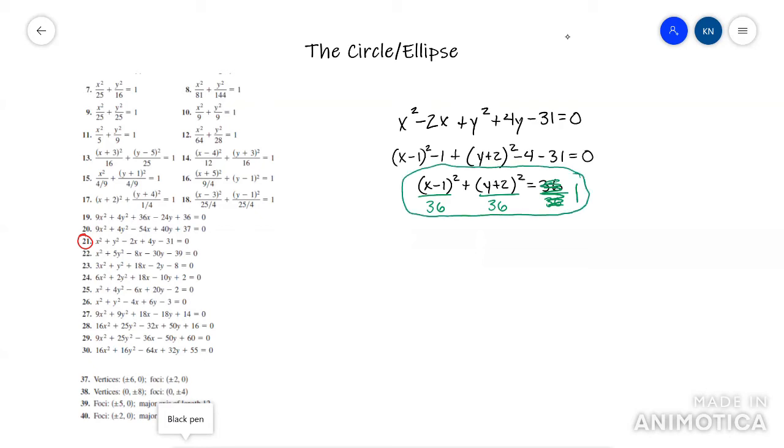Now I realize that I'm dealing with a circle because they're both over 36. The center of the circle is not at 0, 0. The center of the circle is at positive 1, negative 2. The radius of the circle is the square root of this, which is 6. So that means 6 in every direction.